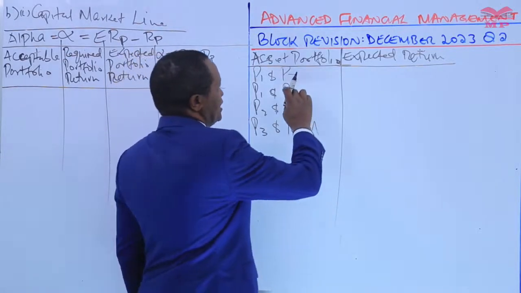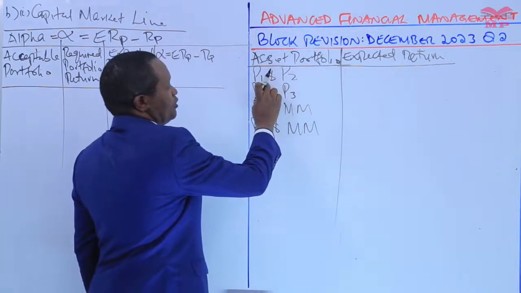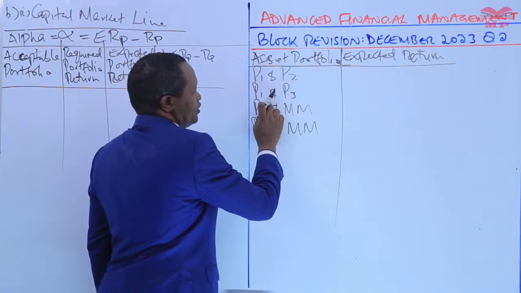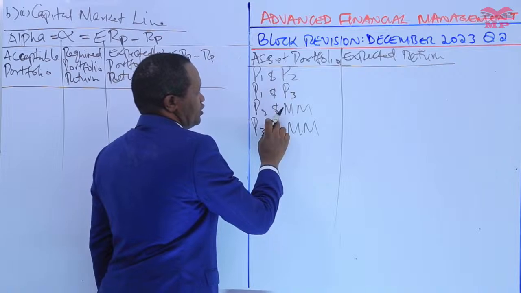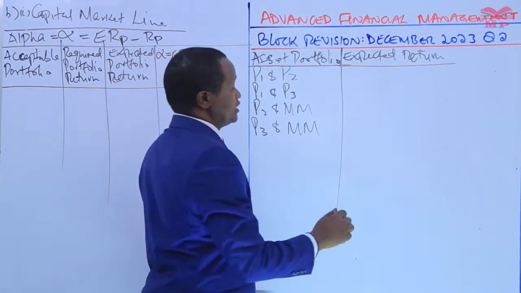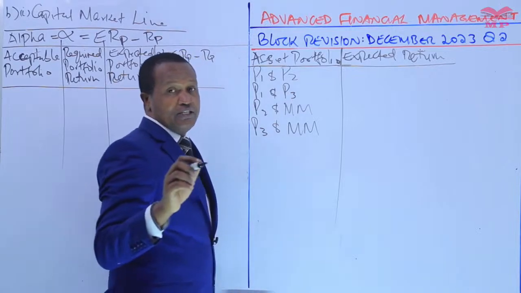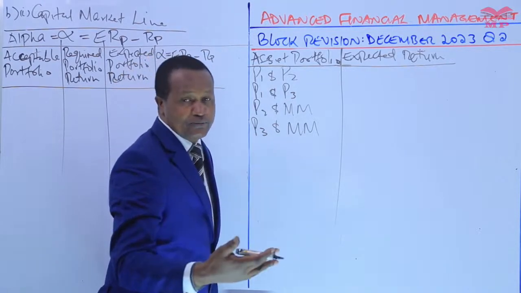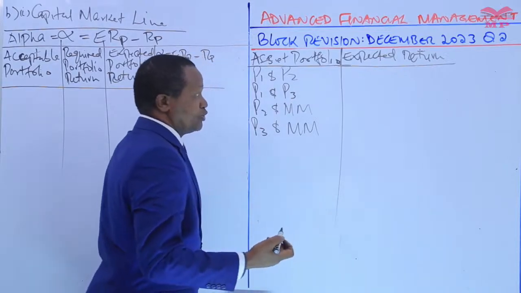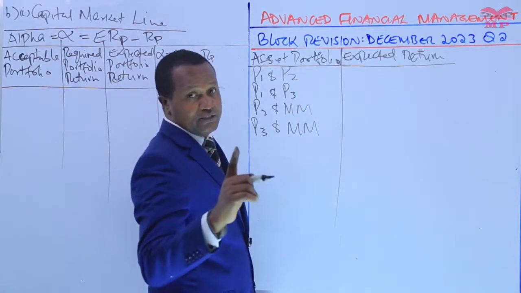So we are going to calculate the expected return from each portfolio, and then we compare these returns with the 14%. The one that is less than 14% will be rejected. Then we proceed to analyze those that promise more than 14%.